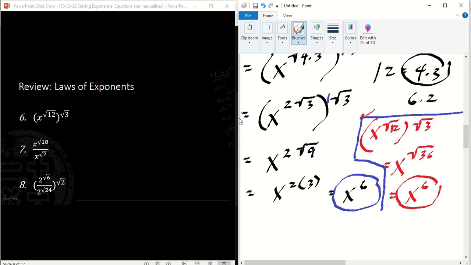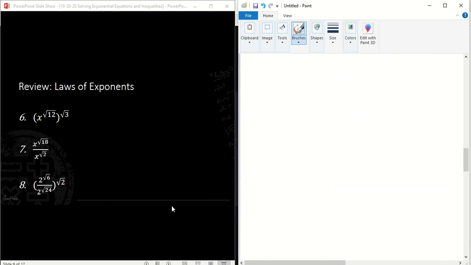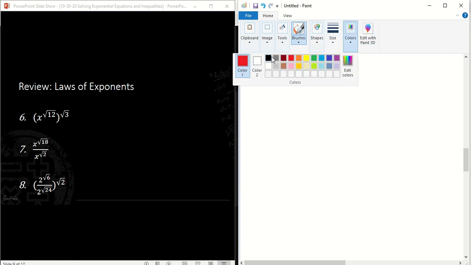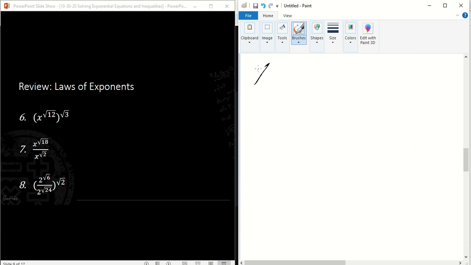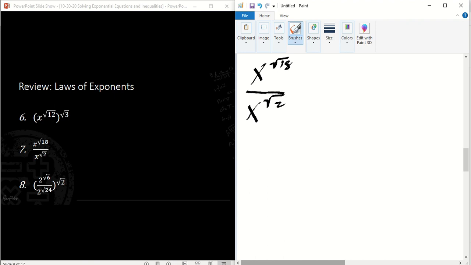So, let's have now example number 7. So, example 7, so division. So, we have here x raised to the square root of 18 over x raised to the square root of 2. So, kapag naman sa division of variables, kailangan similar.